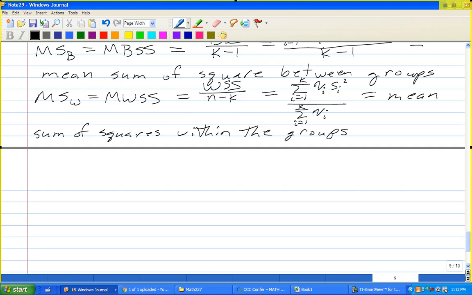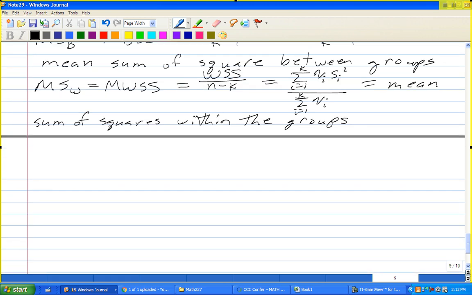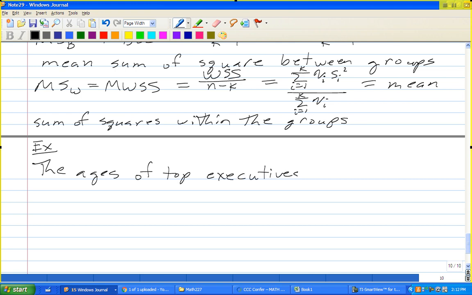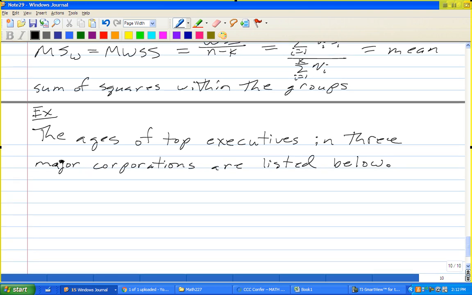Okay, so let's do an example. The ages of top executives in 3 major corporations are listed below. Let's look at their ages.